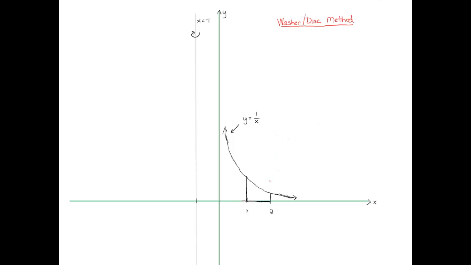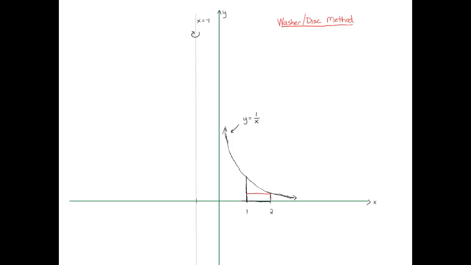Let's break this into two separate intervals. If we put a bunch of plates down and rotate about the line x equals -1, we're going to stack these plates starting at y equals 0 and go all the way up until this red line.